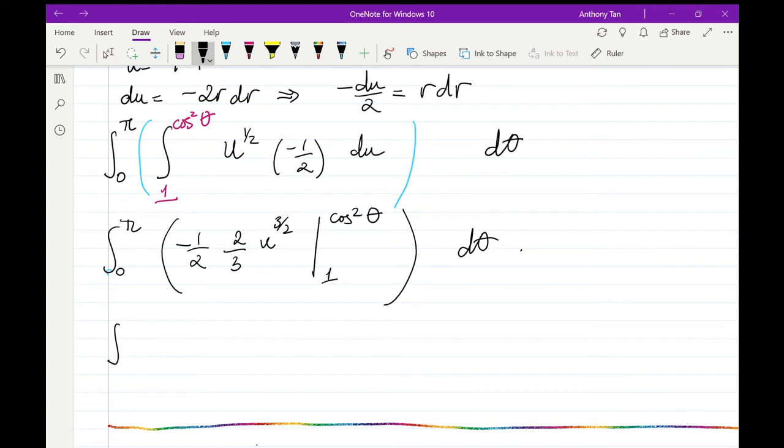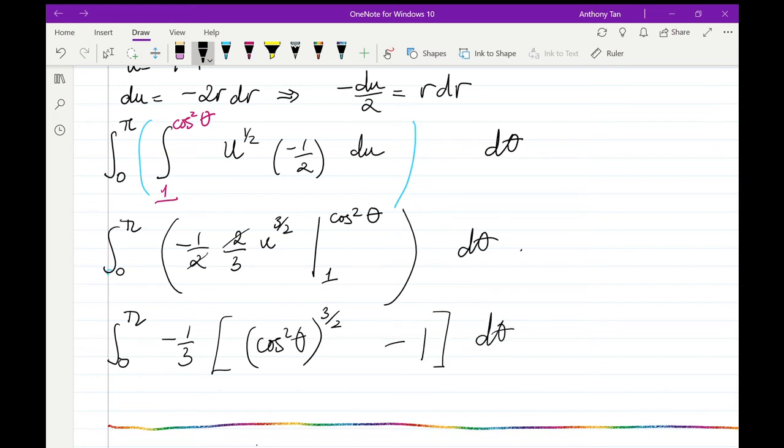So what we have now will be the constant you can simplify and have negative 1/3. Then we will do evaluation. So cosine square theta all to the power 3 over 2 minus 1 d theta.